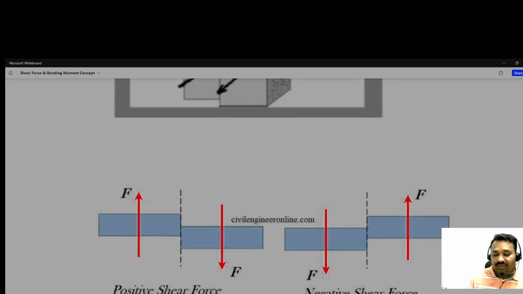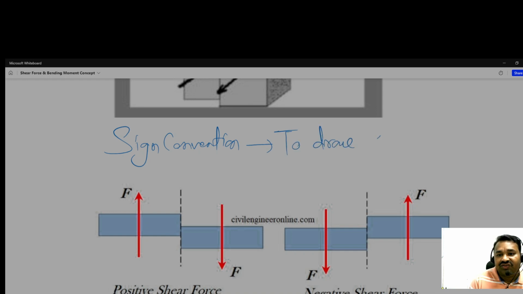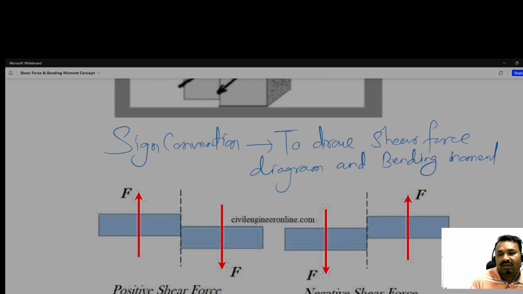And now the most important thing, the sign convention. But why is it required? To draw the shear force diagram and the bending moment diagram.